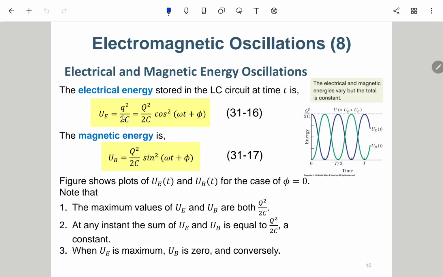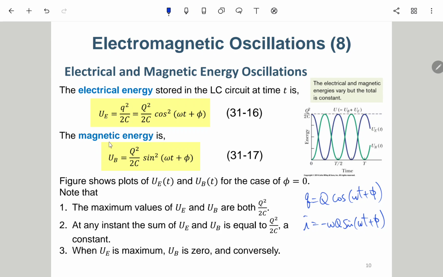Okay, so UE becomes Q squared over 2C. I just write it here again. So Q equals capital Q cosine omega t plus phi, and then I equals negative omega Q sine omega t plus phi from the previous page. So we put this here. Okay, so we have capital Q squared over 2C, and then cosine squared of this stuff. Okay, so this is the electrical energy stored in the E field.